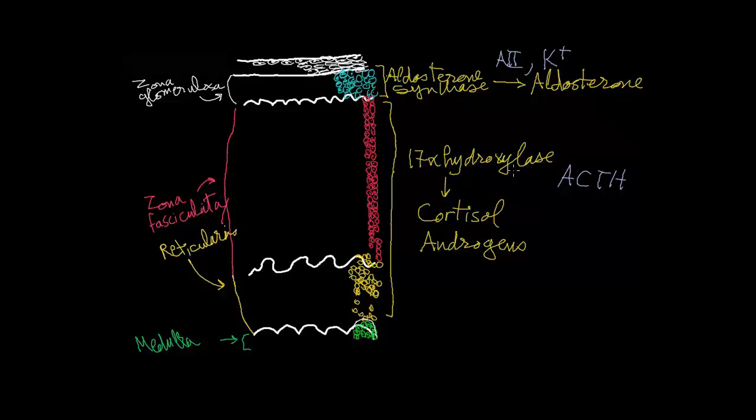This differential stimulation reflects itself on the signaling cascade, so that the second messenger for ACTH is cyclic AMP, while the second messenger in case of angiotensin II is IP3, calcium, and diacylglycerol. These are the functional differences between the two zones, zona glomerulosa and zona fasciculata reticularis.